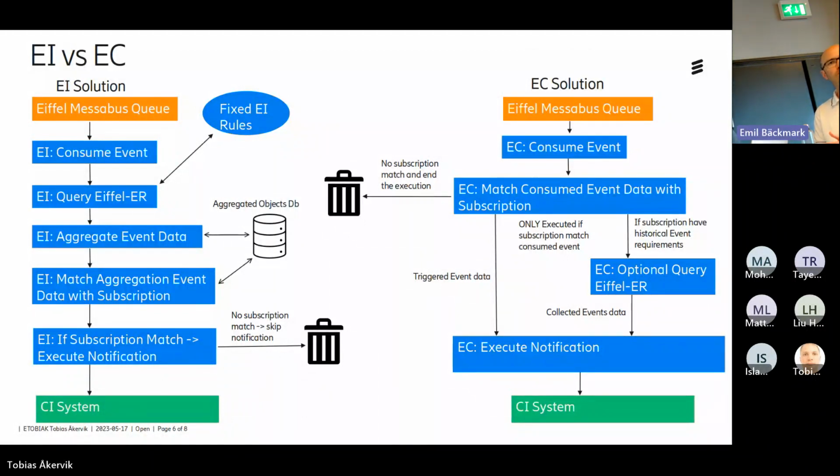So it will not need to be all of the historical data from that ER query. It can be just the data that is relevant for that specific rule that you are using in Eiffel Intelligence. So the data sent back to the requester could be less with the EI solution, but it's, as you say, a lot more complex to set it up and to change those rules.